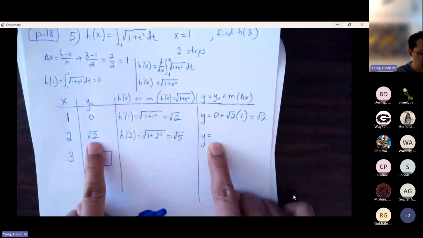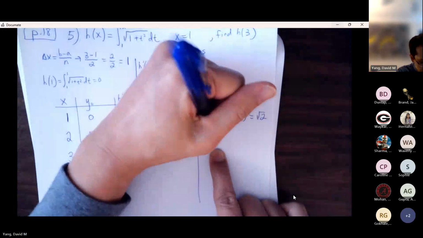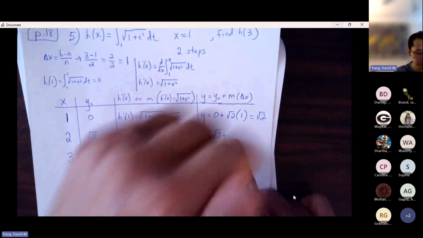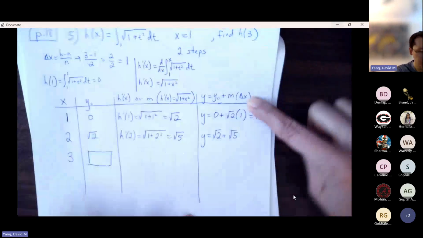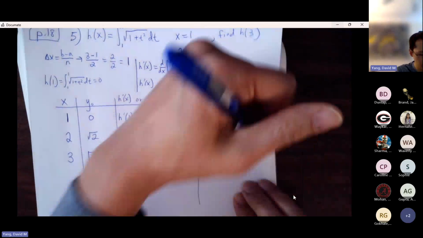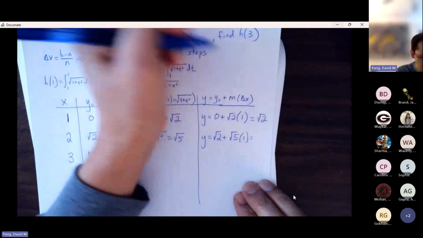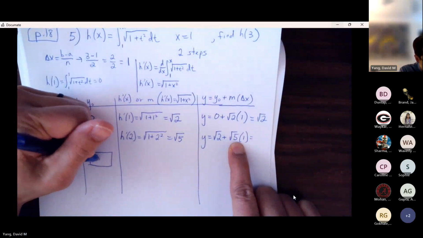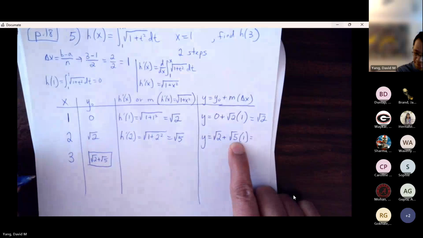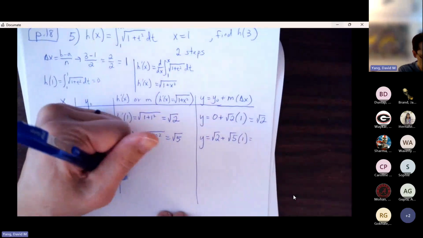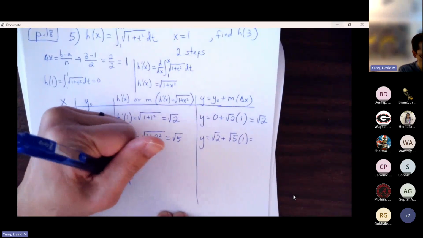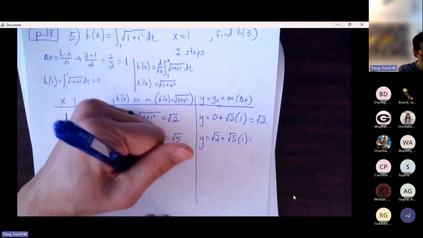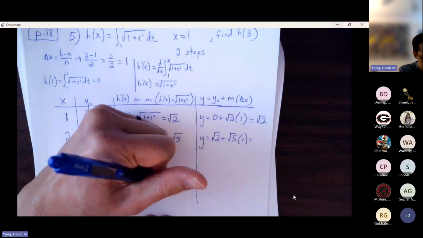Our current y value was root 2 plus root 5, that's our slope, times our step size, which is 1. And that's just going to be equal to root 2 plus root 5. I'll just leave it in that form. So we can therefore conclude, using Euler's method with 2 steps, our h of 3 is approximately root 2 plus root 5.